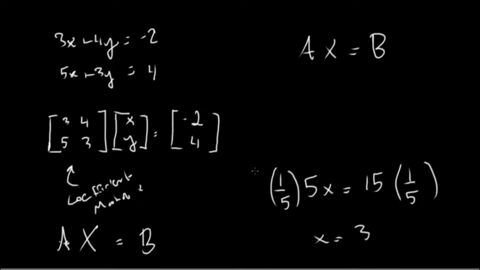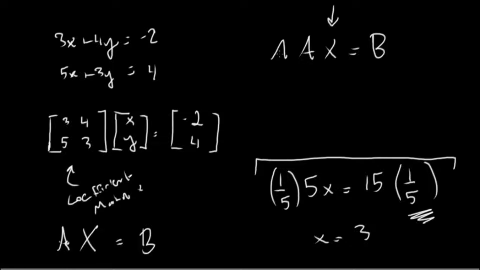What's interesting to note is that with the equation down here, we multiplied on the left-hand side of the equation, and we multiplied on the right-hand side of the equation. This will not work the same way with a matrix equation, because multiplication is commutative in the algebra that we've done, but multiplication is not commutative with matrix multiplication.